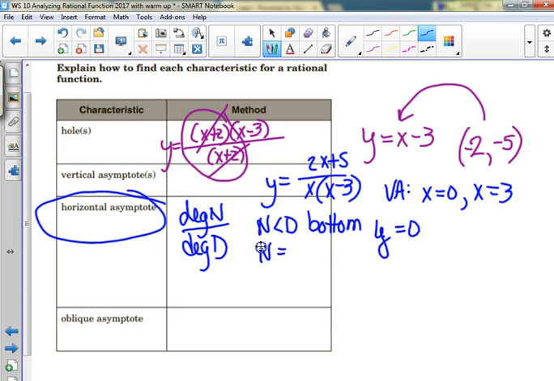Okay, if the degree is equal, it approaches y equals the leading coefficient over leading coefficient. And if it's top heavy, thank you, then we have to do what?